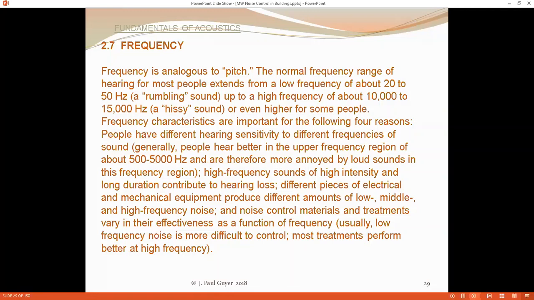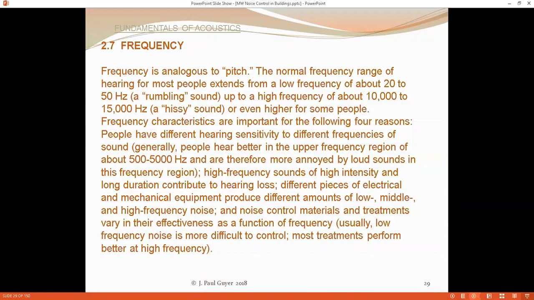So below 500 hertz and above 5,000 hertz, between say 50 and 500 hertz, yes, the human ear perceives them, but the brain just doesn't pay much attention to them. From 5,000 to 15,000, yes, the human ear perceives them, but it isn't too bothered by them. So frequency is important as far as humans are concerned.